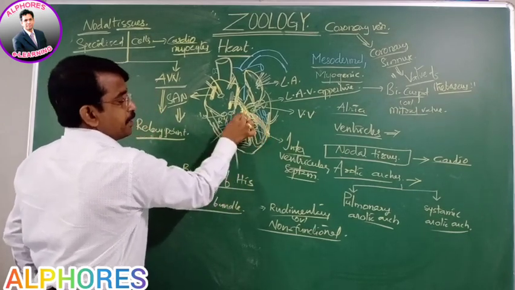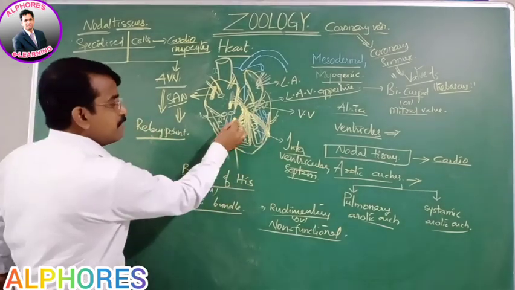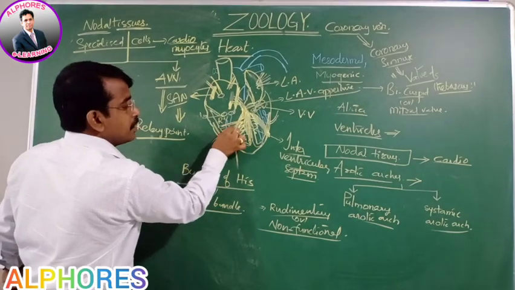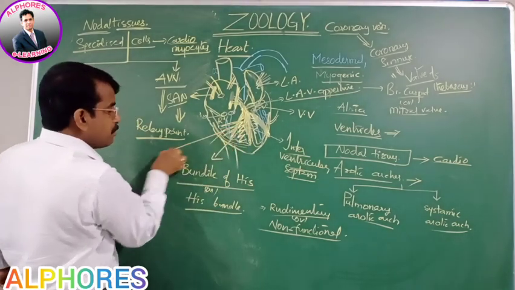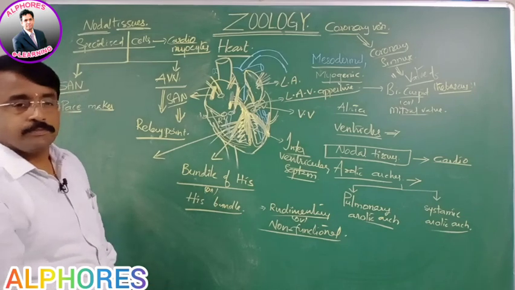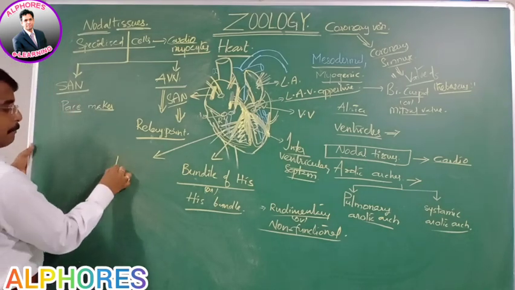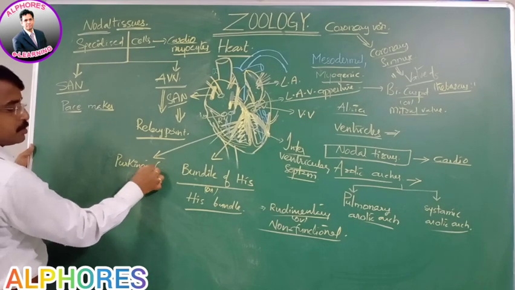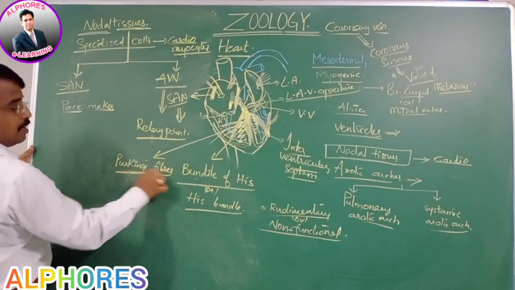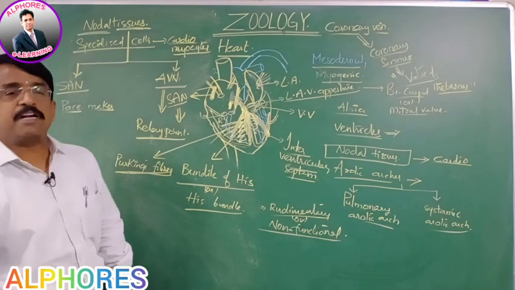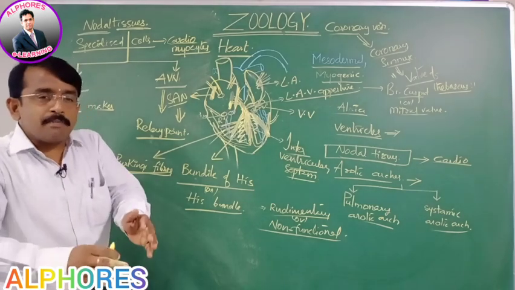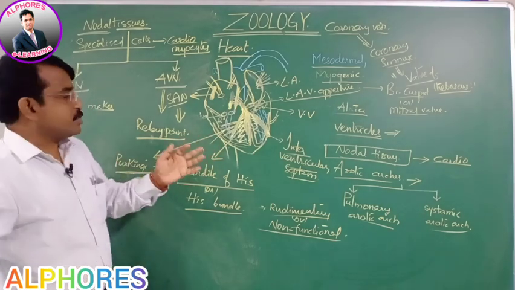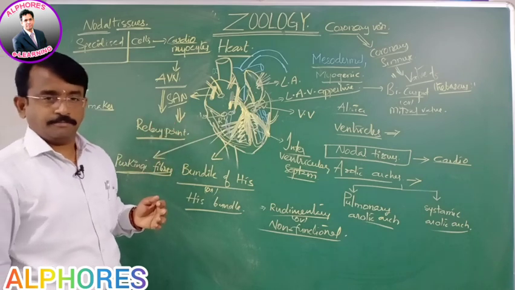It is connected to the walls of the ventricle by means of fibers named the Purkinje fibers. These Purkinje fibers innervate into the walls of the ventricle, and thereby the ventricular musculature is connected.